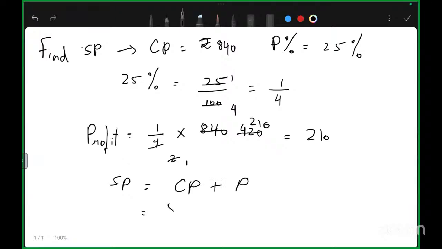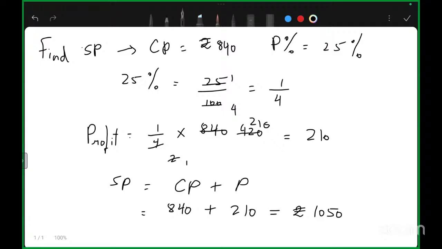So 840 plus 210. How much? 800 plus 200 is 1000, 40 and 10 is 50. What will you get? Rupees 1050. Rupees 1050 is the answer.